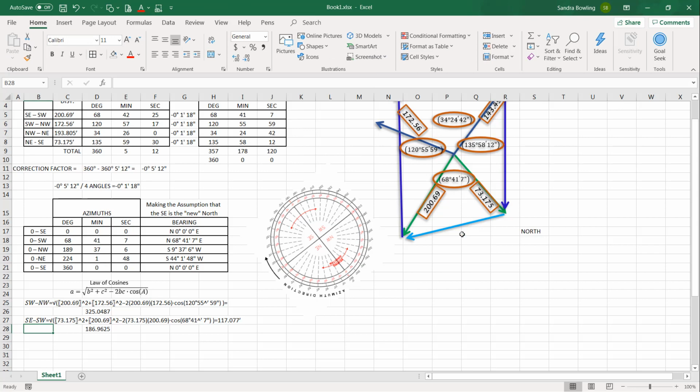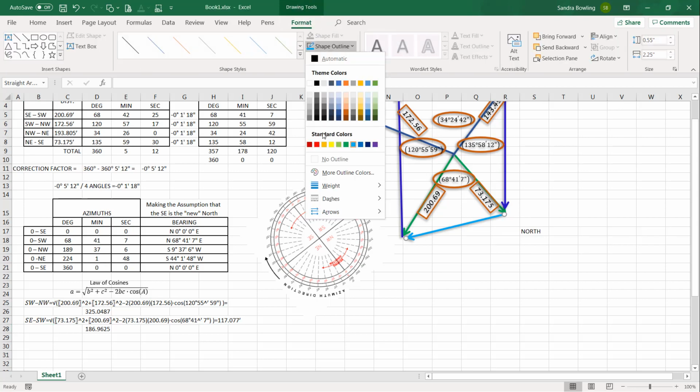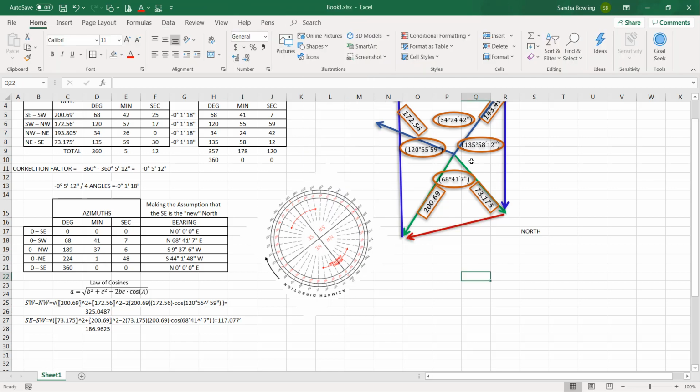All right, so if this is line A and we're trying to find that distance, then we're going to take the square root of the distance B squared plus the distance C squared minus 2 times the distance of B and C times the cosine of the interior angle.